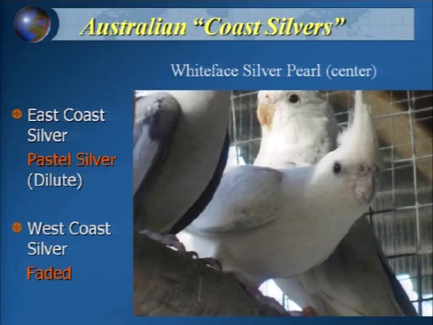Now I saw the West Coast silvers, and to me they simply look like our recessive silver with black eyes. That was the only difference. But the interesting thing about them was that these birds were not a spontaneous mutation. They were selectively bred, and people paired their lightest normal grays to one another until they came out with this bird, the West Coast silver, and the genetic term for that is faded.